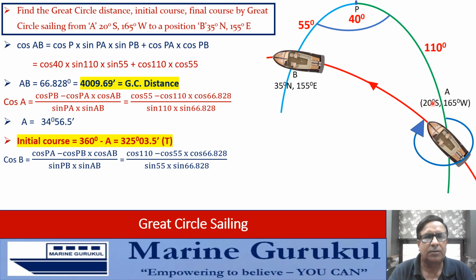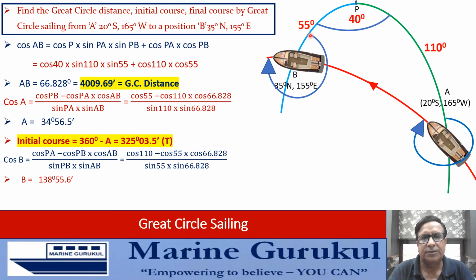We rewrite the cosine formula now, but this time for B, and we put the values and we get the angle B, which is this angle, as 138 degrees 55.6 minutes. Now in the diagram we mark off the final course clockwise from true north at B. I'm sure we'll agree this will be the final course.